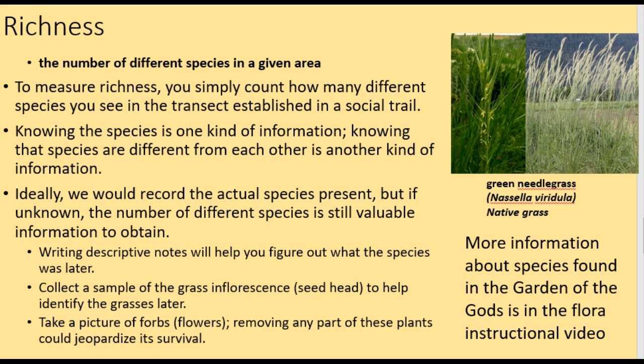Writing descriptive notes will help you figure out what the species was later. Collect a sample of a grass inflorescence, for example, to help identify the grass later. Take a picture of any flowers. We don't want to be removing any flowers because their abundance is very low, and removing any parts of these plants could jeopardize their survival.